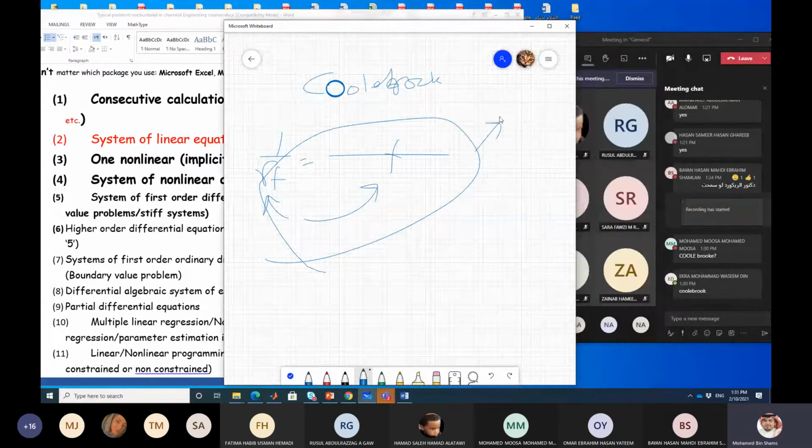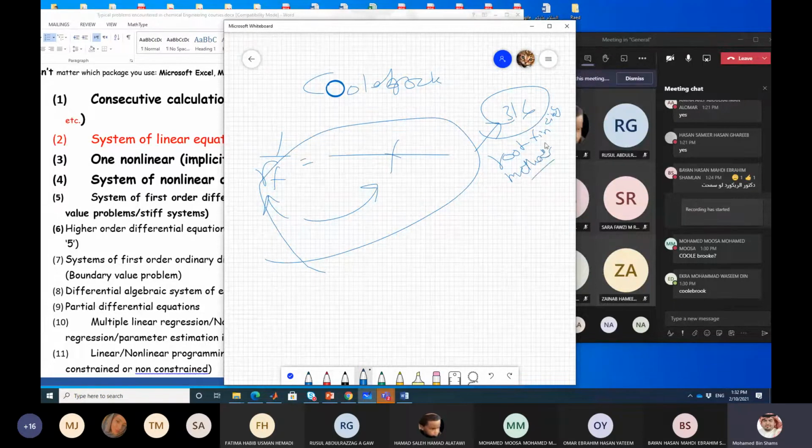Those who take the course in numerical 316, we are going to study a lot of root finding techniques, root finding methods or techniques. Okay, and these are the methods that we use to solve this type of problem. But in MATLAB we have a function ready.